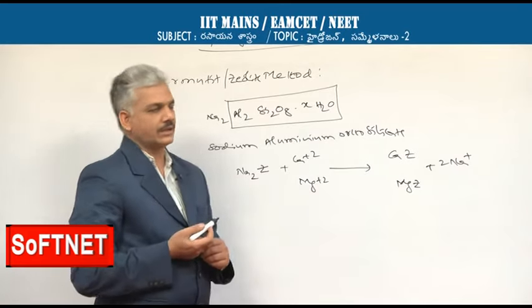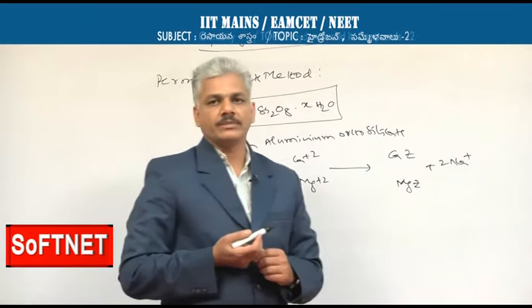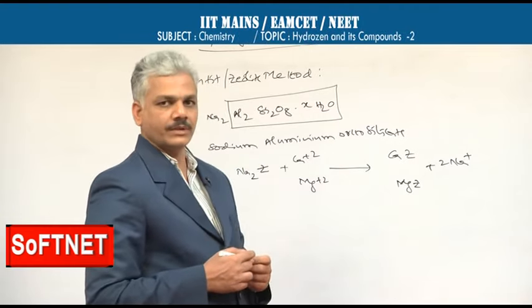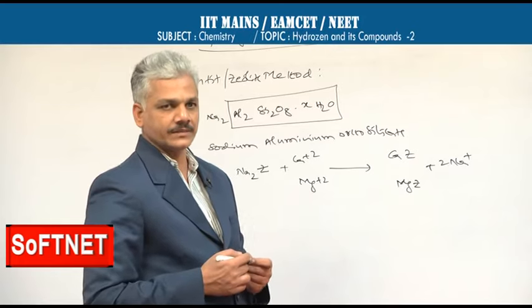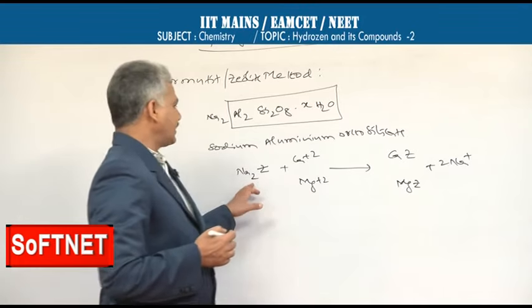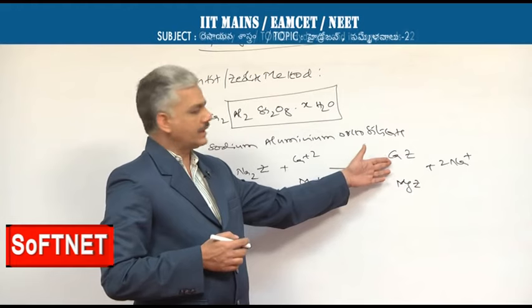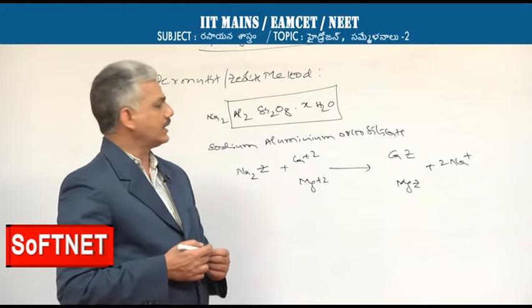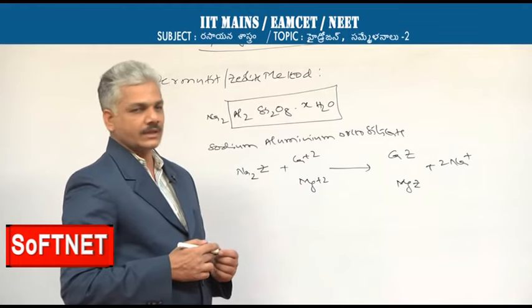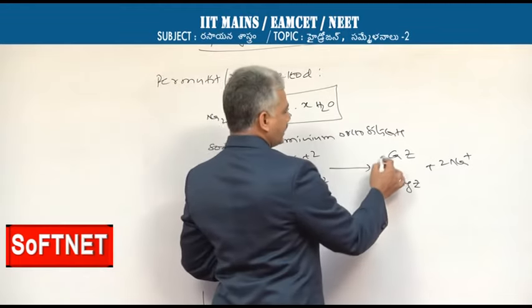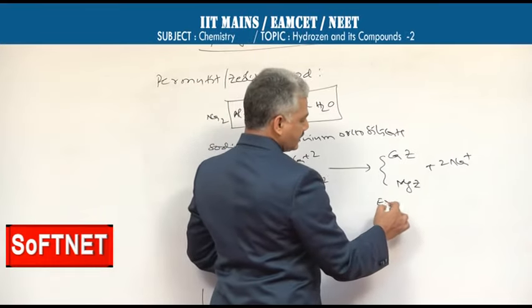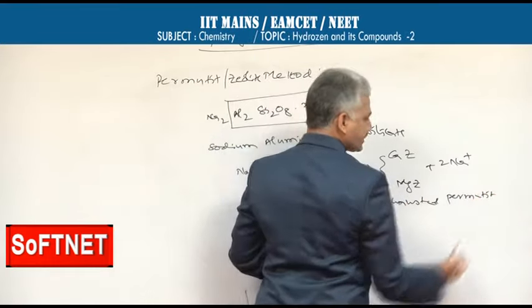In this way, both temporary and permanent hardness of water can be removed by using permutit or zeolite. When the permutit is completely converted into calcium or magnesium zeolites, it becomes inactive in nature. The completely converted calcium or magnesium zeolites are called exhausted permutit.